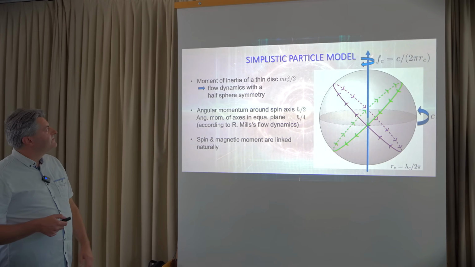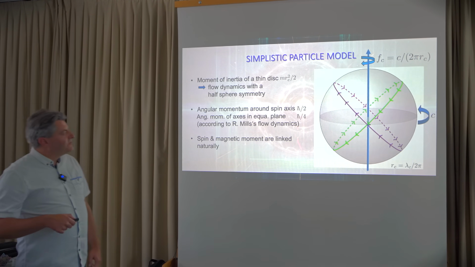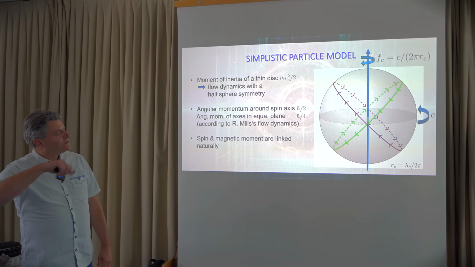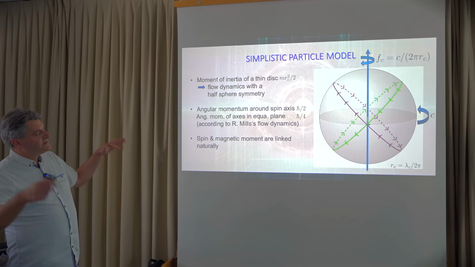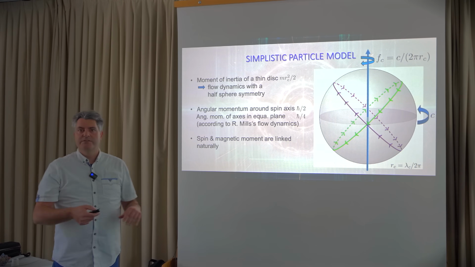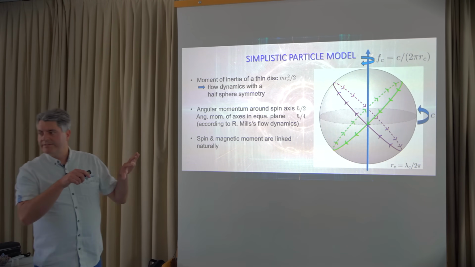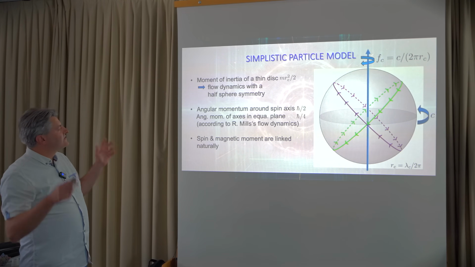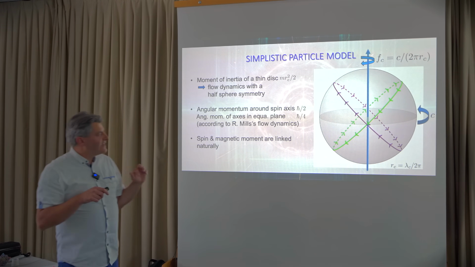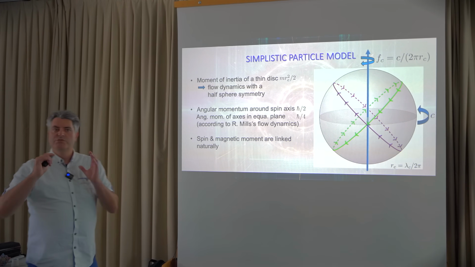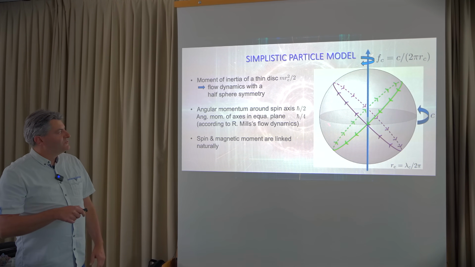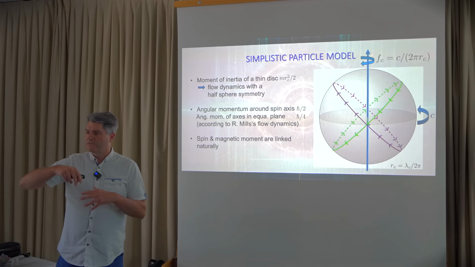So a spin 1/2 particle appears to be a sphere that is rotating with light speed around the equator, and it has superimposed flow dynamics. These flow dynamics have a symmetry, and this symmetry leads to the funny fact that for calculations, you do not really use the sphere, but you use a disk, because of the symmetry.